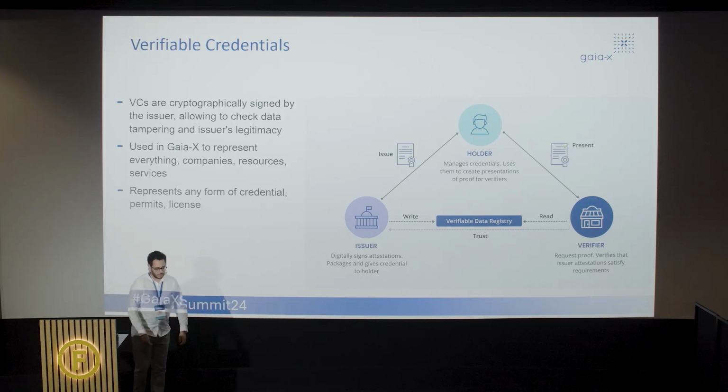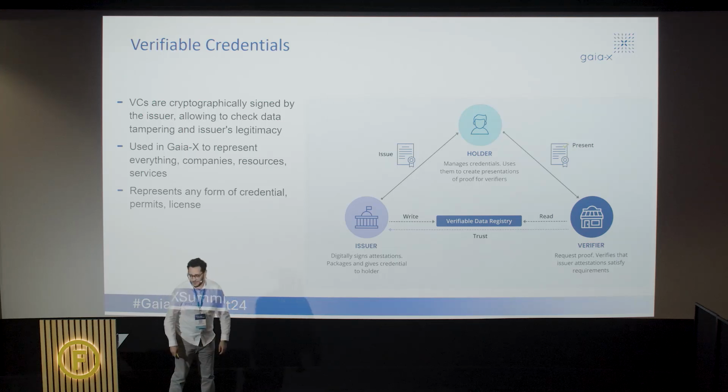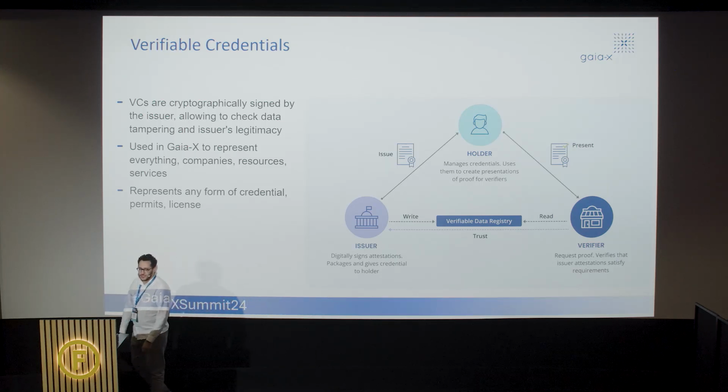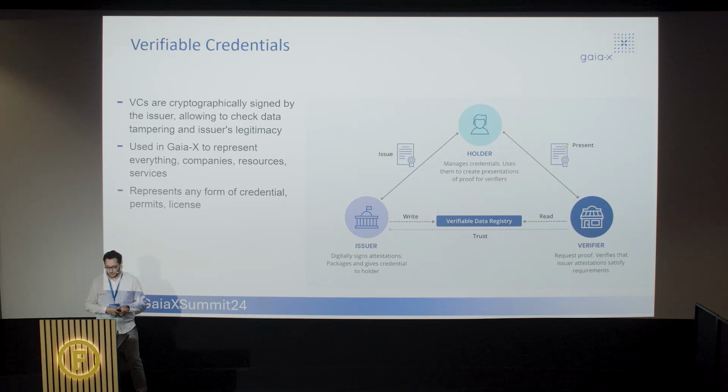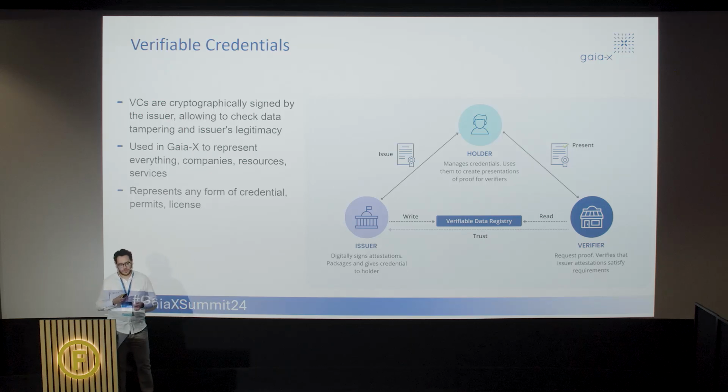Next, completely unrelated, but we'll see the link afterwards: verifiable credentials. I think we already talked about them enough; you've seen them in the last presentations by Evan and the team. Verifiable credentials are cryptographically signed by the issuer, and it's a way to have a more trusted and tamper-proof way to share and verify claims.